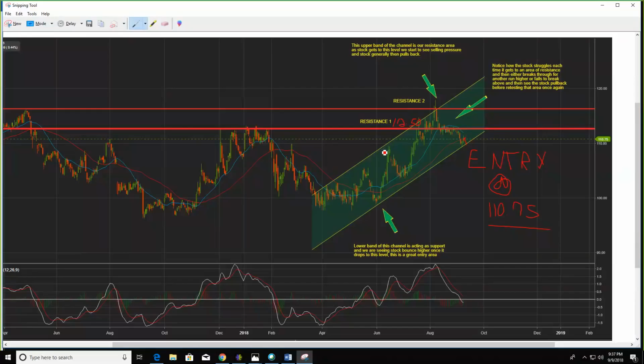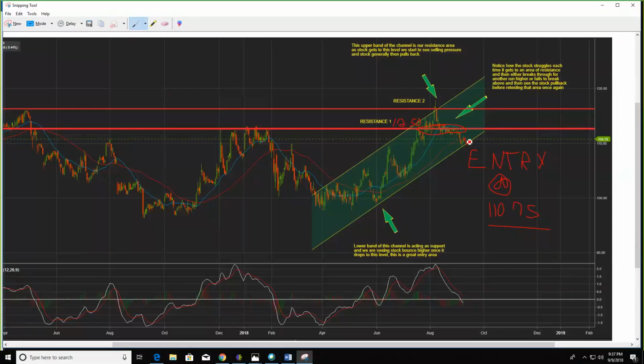So it's really great. Over here, notice how the stock struggles each time it gets to an area of resistance, and then either breaks through for another run higher or fails to break above, and then you see the stock pull back before retesting that area once again. So like I said, this area right here, this is an important area.